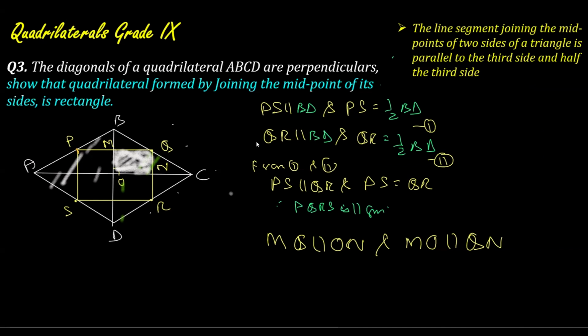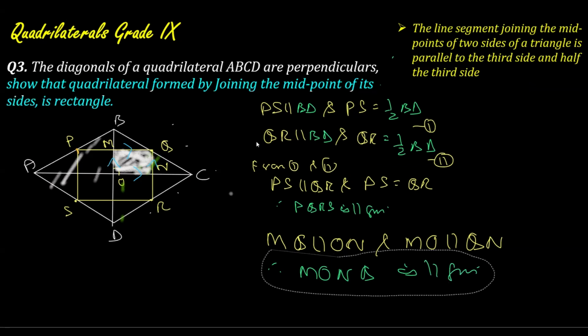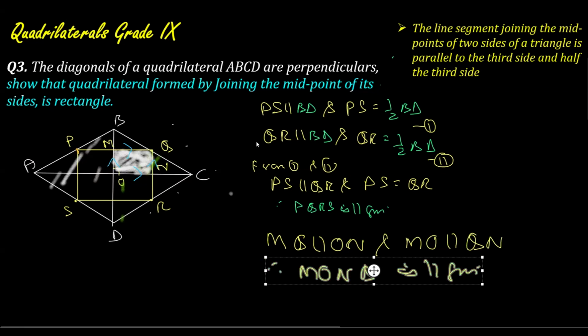So it becomes what? If two pairs of opposite sides are parallel, this is parallel to this, and this is parallel to this, so we can say that it is a parallelogram. So we say that MONQ is a parallelogram. Now, if it is a parallelogram, what you know is that opposite angles of a parallelogram are equal.